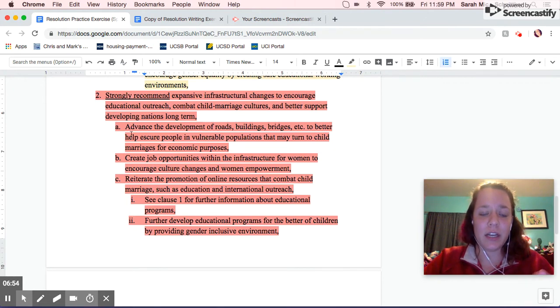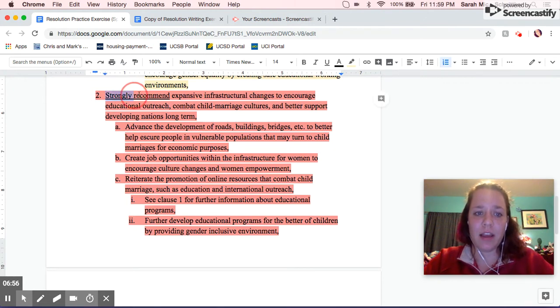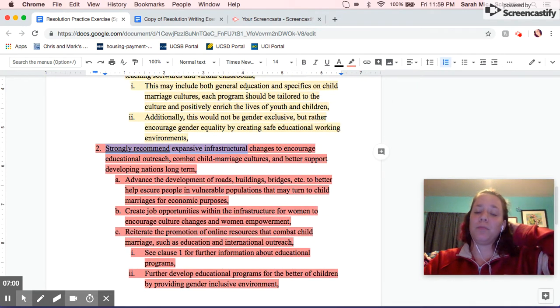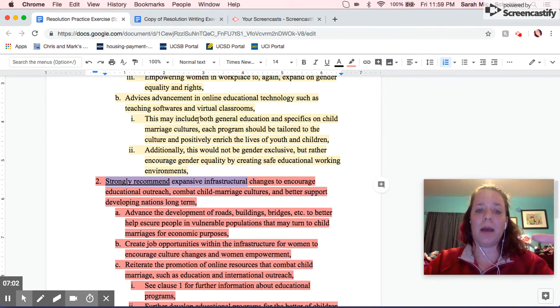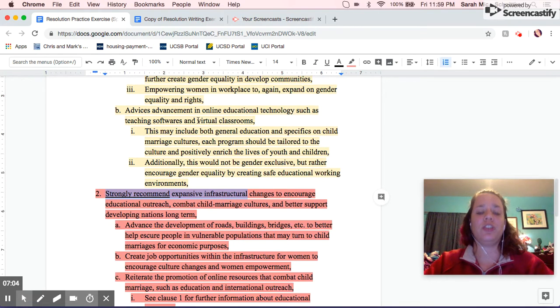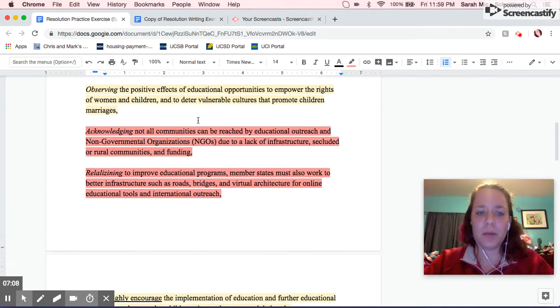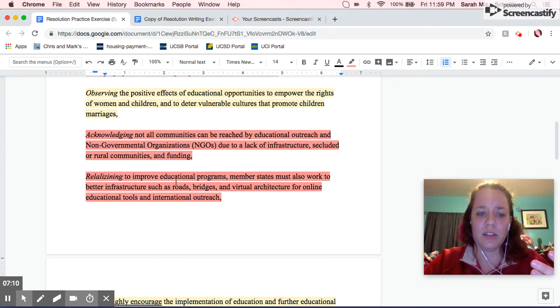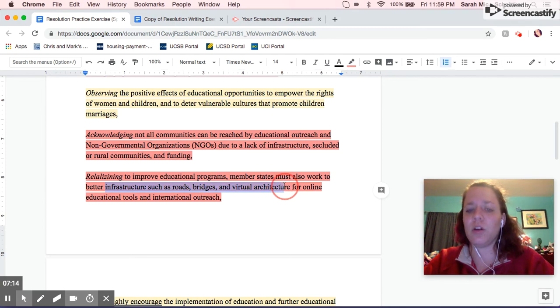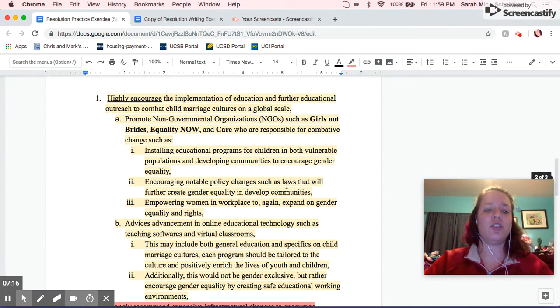What we see here in our second clause is we're talking about that strongly recommend of expansive infrastructure. Because our previous one talked about online education, what about all the countries that can't even get it? And we even talked about in our preamble, what about those rural communities that we can't even reach because they don't have roads, bridges, and virtual architecture? Like, they're just so out there.